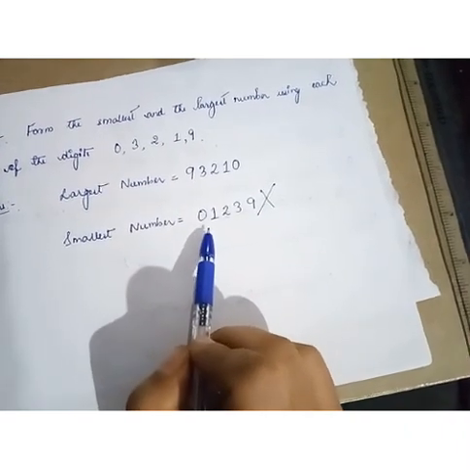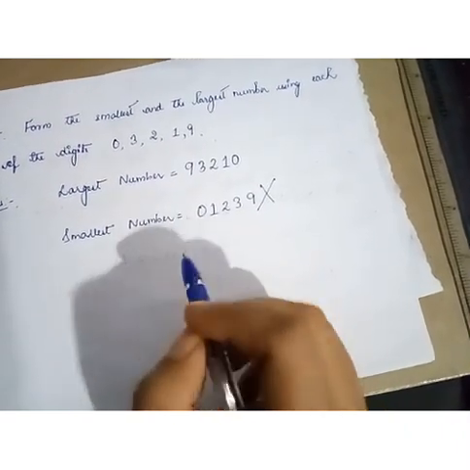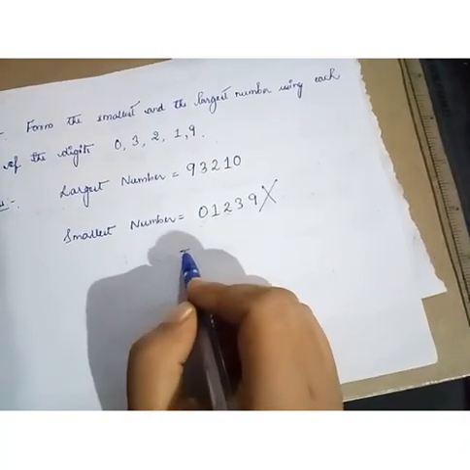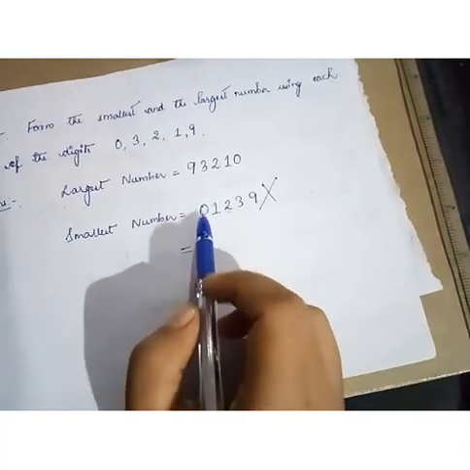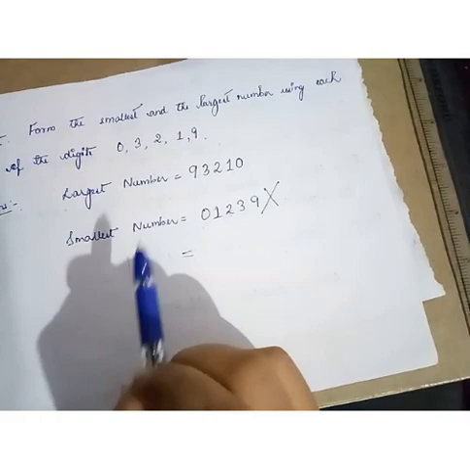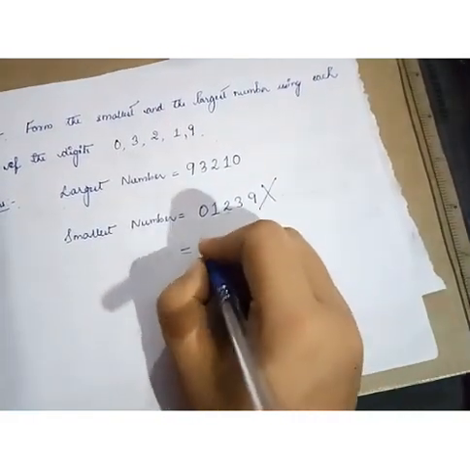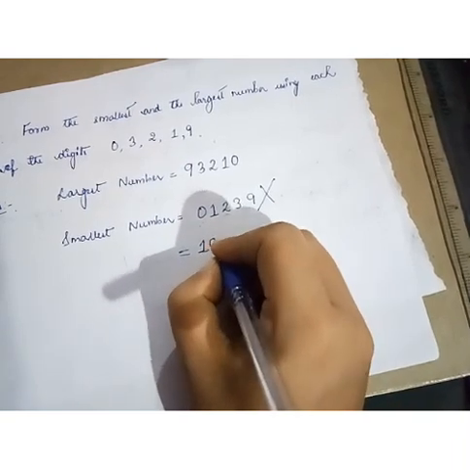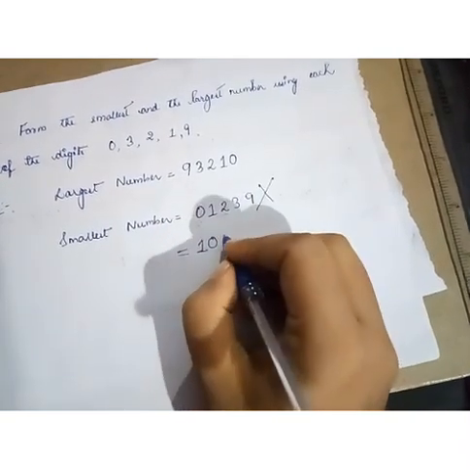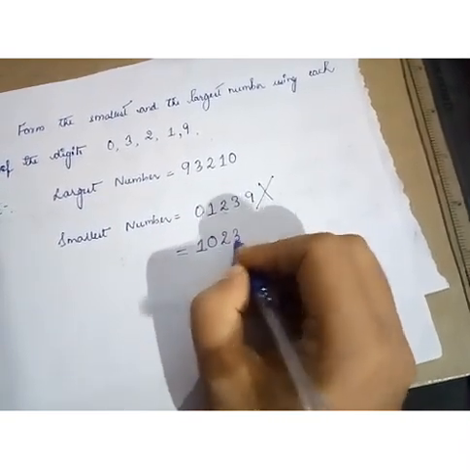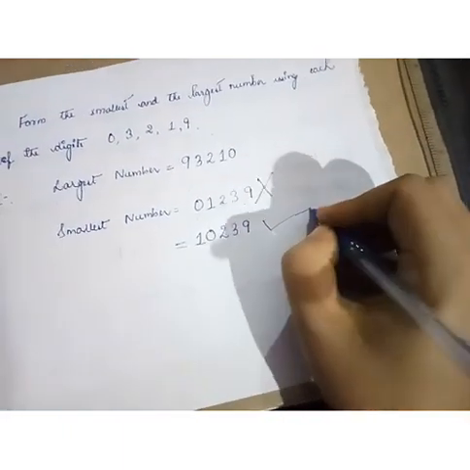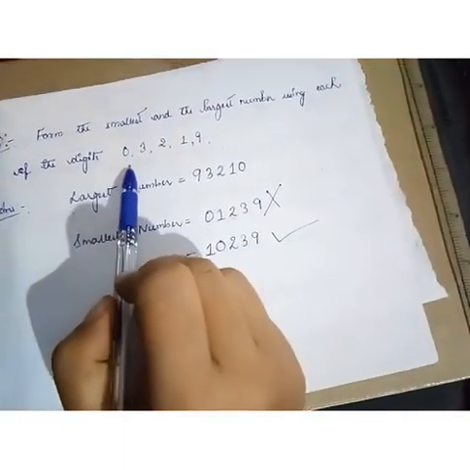So what we are going to do here is take, instead of 0, the next smallest digit. After 0, the smallest digit is 1. So 1 will come here. After that we will put 0 here. Then we will follow ascending order, that is 2, 3 and 9. So this is the correct way if the digit 0 is given.